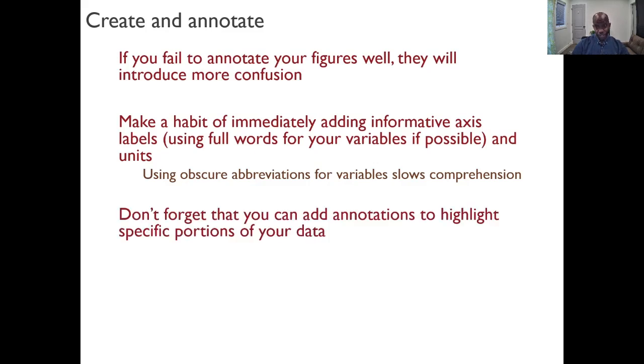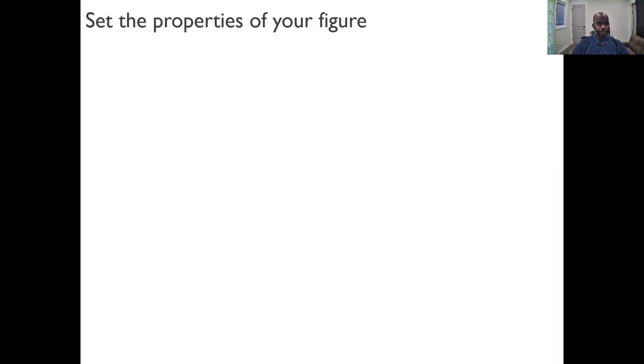You can also add text to your figures, and arrows and boxes, again, to highlight specific portions of your data. Okay, so be creative, exert full control over your illustrations.